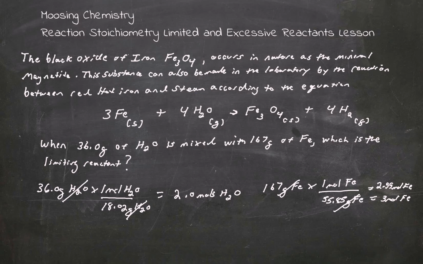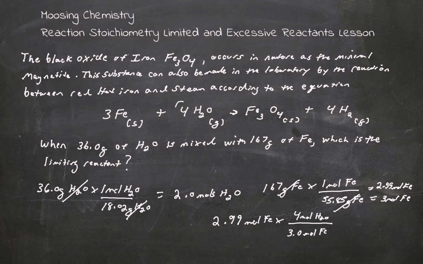I've got a feeling that it is, but let's go ahead and do the math just to make sure. So we're going to take 2.99 moles of iron, that's what we found, and we're doing the mole ratio. So we've got 3 moles of Fe on the bottom, and we're getting 4 moles of H2O.